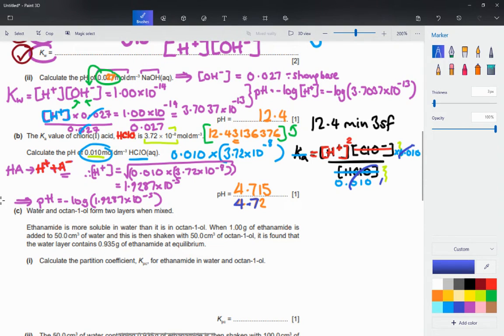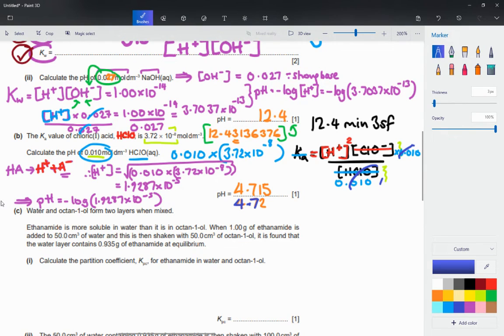So 4.7 is absolutely fine in this situation. Okay, so it's an inconsistency with the mark scheme. 3 sig fig for the top one. It's only because it's in double figures. It's 12 point something. And the one below is in single figures, 4 point something. So don't forget to give that something.